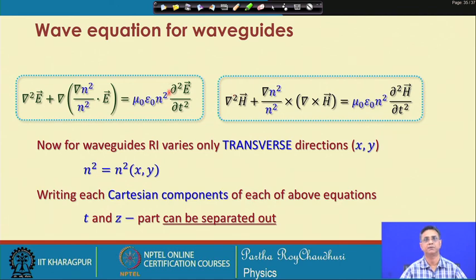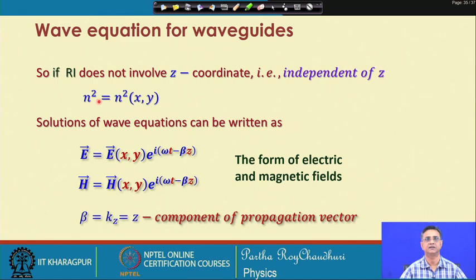The t part can be separated out, and the z part too, because there is a transverse dependence but no longitudinal dependence, that is no dependence on the z direction. We can simply take the component of each of the field components, and then we can see that t and z can be separated out.